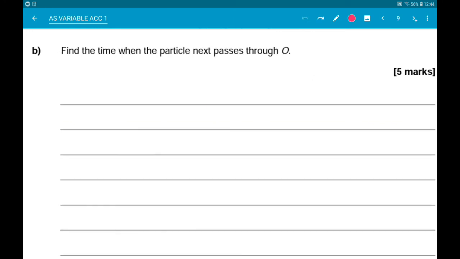Okay, then part B wants us to find the time the particle next passes through O. So, for the particle to pass through O, we want displacement to be 0. So, we want S to equal 0.